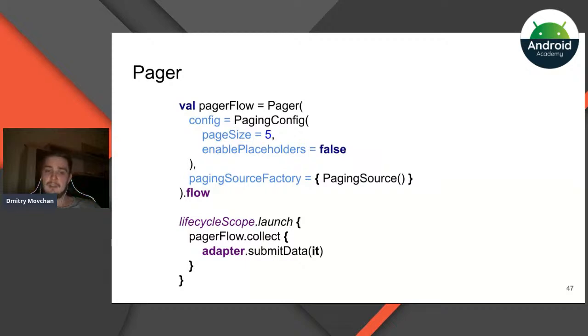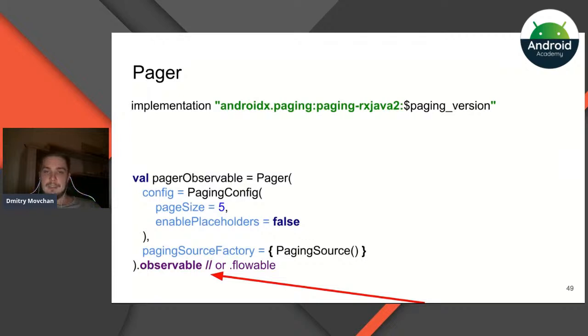After that, you can just launch your flow, collect the data and send it to your paging data adapter. If you don't like flow, as I said earlier, you can connect RxJava to your project, for example, and have your pager be observable or flowable, whichever you prefer.